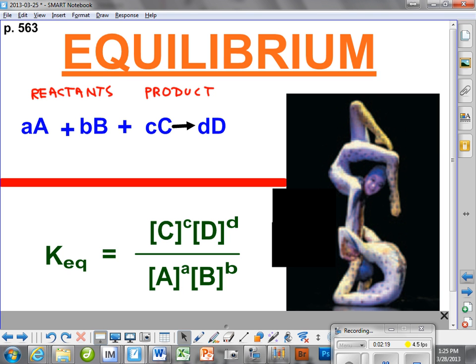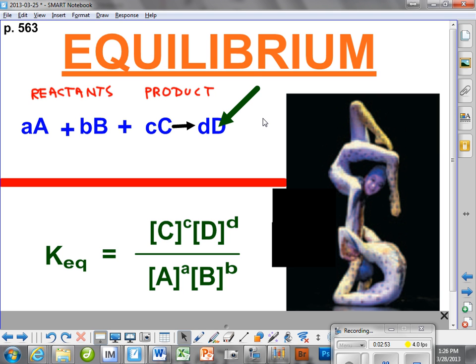A, B, C, and D just mean the first, second, third, and fourth thing as we go across the reaction. So because we have 3 reactants, we have A, B, and C all on the left side, and only D on the right side.